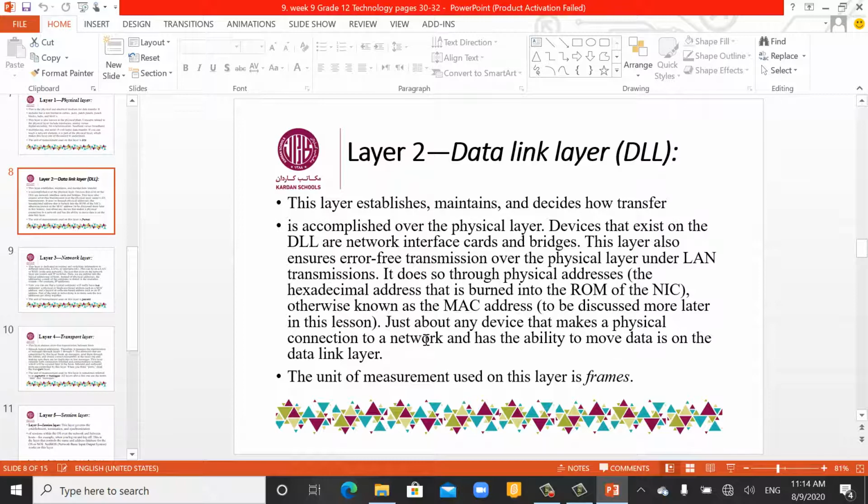Just about any device that makes a physical communication to a network and has the ability to move data is on the data link layer. It means, in simple words, data link decides how the data moves on the physical layer. And the unit of measurement used in this layer is frames.